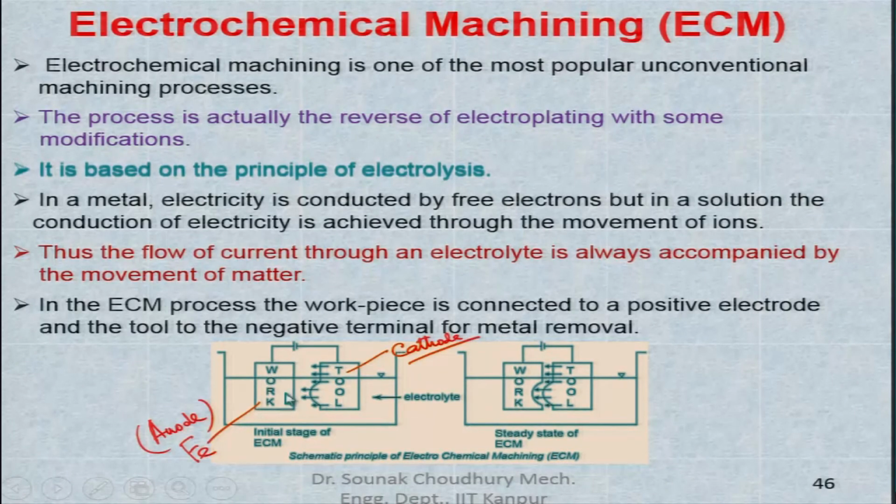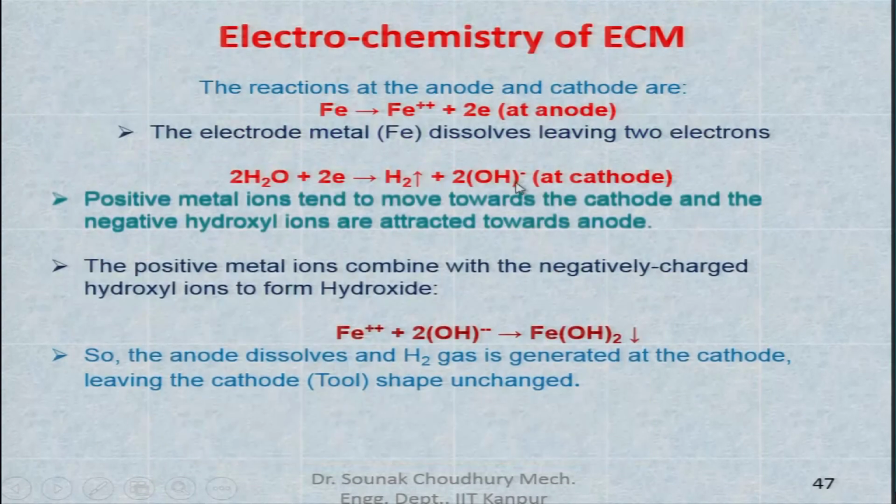Actually, what we want is to remove the material from the anode, from the workpiece. So, at the cathode, the 2H2O, because there is water, plus the 2 electrons taken from the anode, will create hydrogen gas and 2 hydroxyl ions at the cathode.